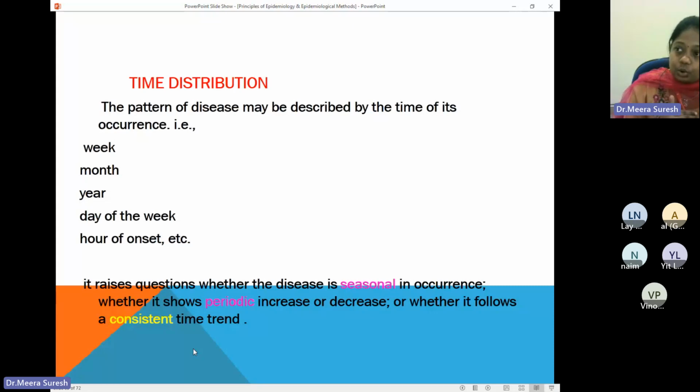Now, when we go to practice of medicine, we take one disease and say that this disease is seen in this particular season. All that came up in practice of medicine because the epidemiologists studied this disease when it was newly introduced. They studied the particular age group, particular season, and that's how they got to know.